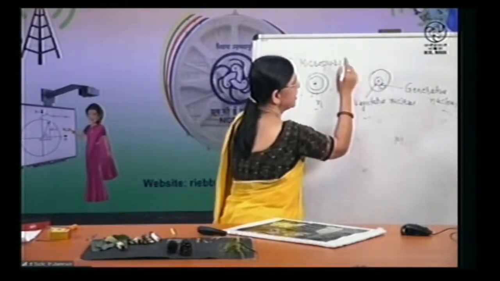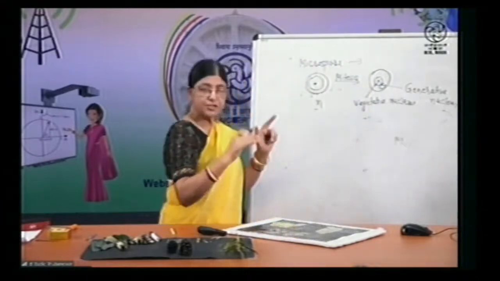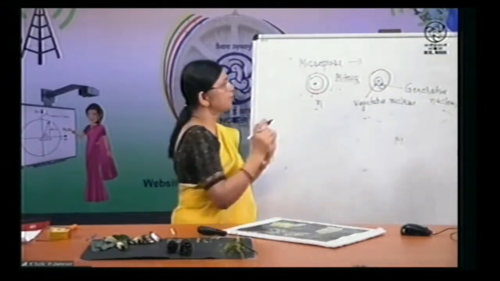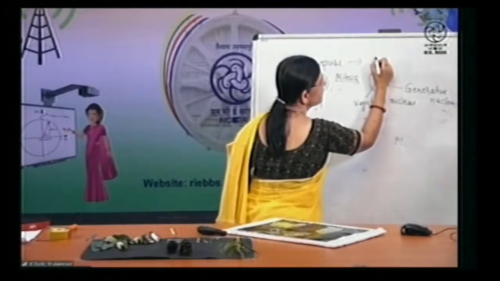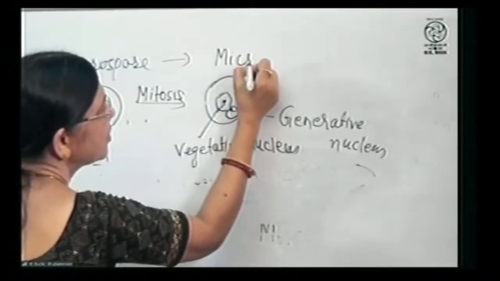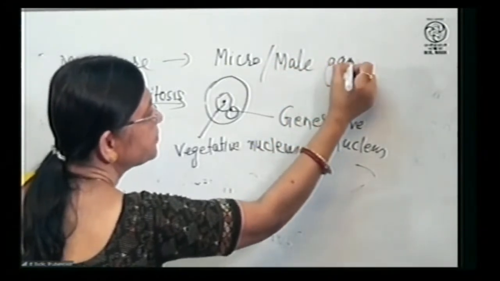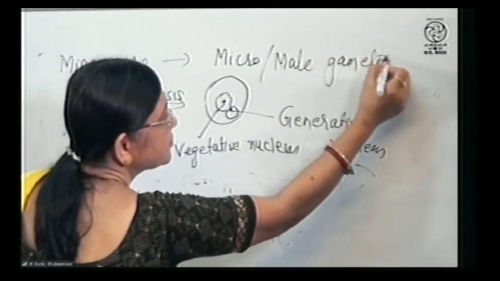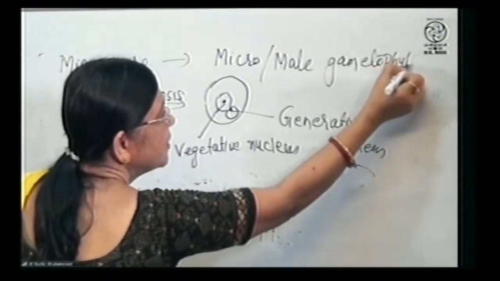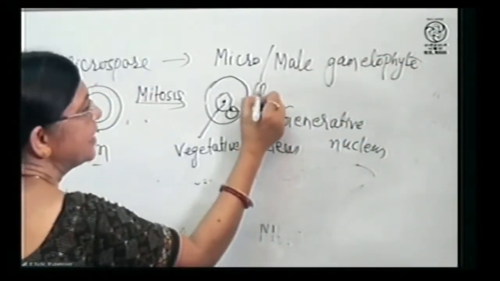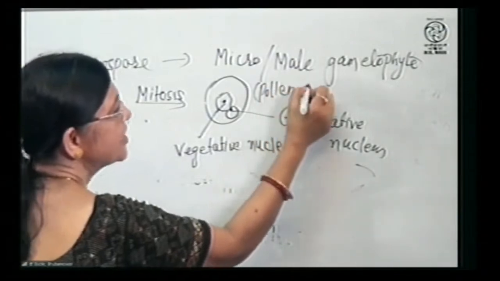Whenever it is transformed into a two-cell structure, we call it a micro or male gametophyte. Micro or male gametophytes are otherwise called pollen grains.